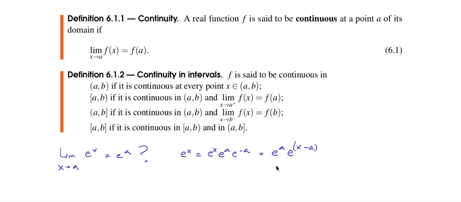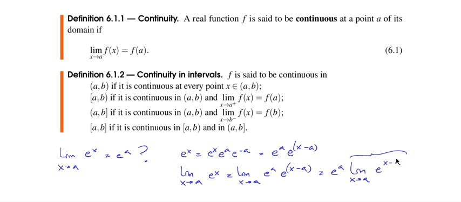Now if we compute the limit when x goes to a of e to the x, this is the same as the limit when x goes to a of e to the a times e to the x minus a, and so this is e to the a times the limit when x goes to a of e to the x minus a.